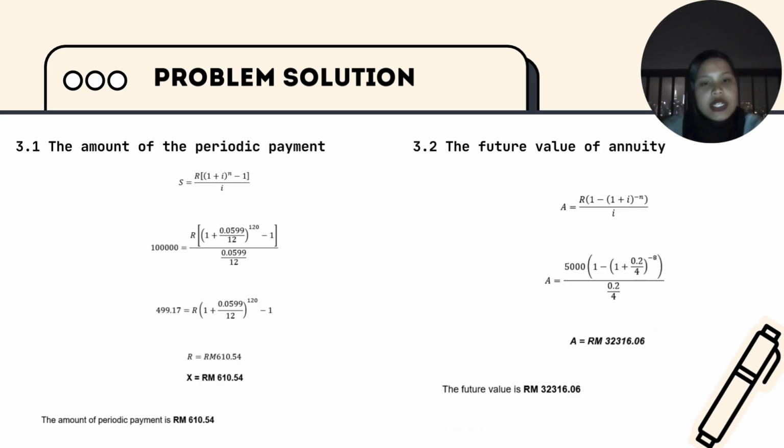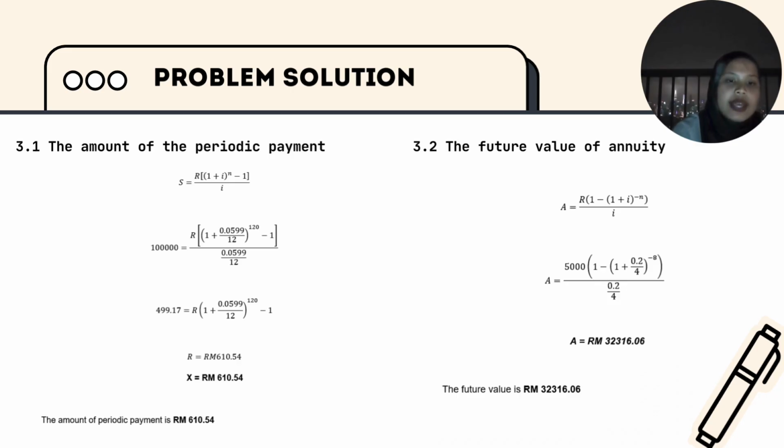The total amount of the payment is RM610.54. The next question is we have to find the future value of the annuity. We already provide the formula below the question, which is A equal to R multiplied by 1 minus 1 plus I to the negative power of n, divided by I. A equal to 5,000 multiplied by 1 minus 1 plus 0.2 divided by 4, to the power of negative 8, divided by 0.2 divided by 4.